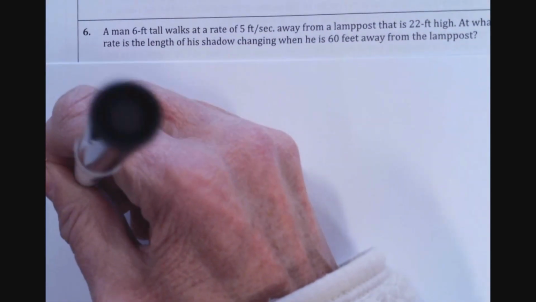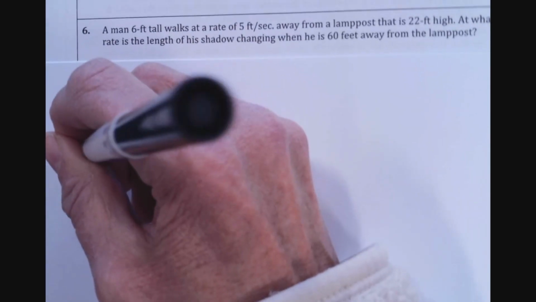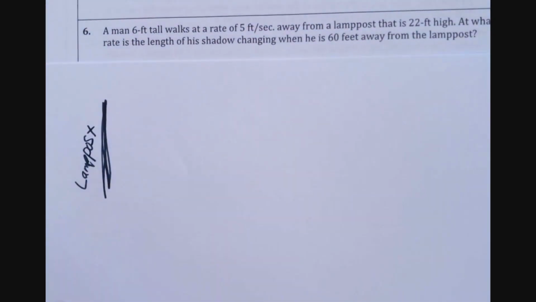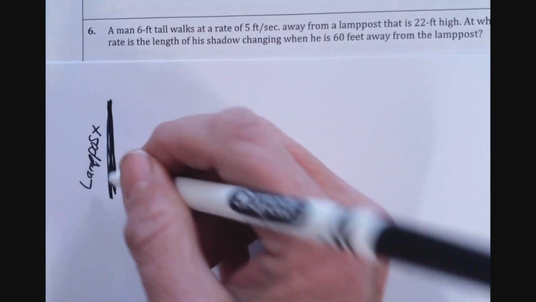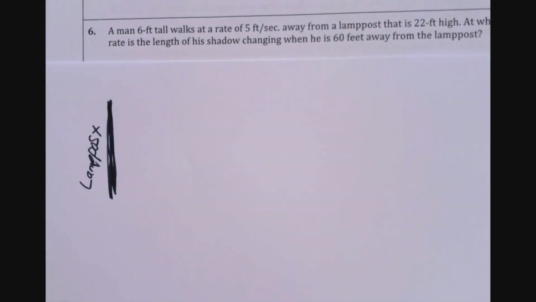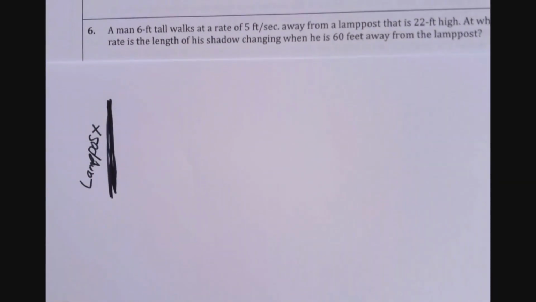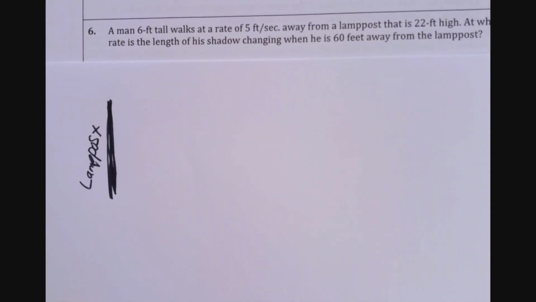So here's our, I'm not a good artist, so I label everything. There's my lamppost. And we have a 6-foot tall man, walking at a rate of 5 feet per second away from the lamppost. That is 22 feet high.